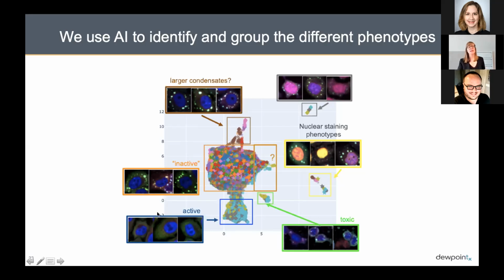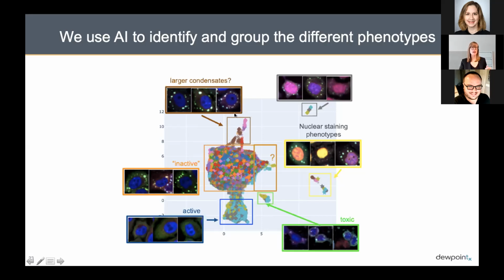However, AI is able to differentiate different clusters within the rest of the space that might be interesting for follow-up. For example, we can see that this cluster here, in fact, shows larger condensates.